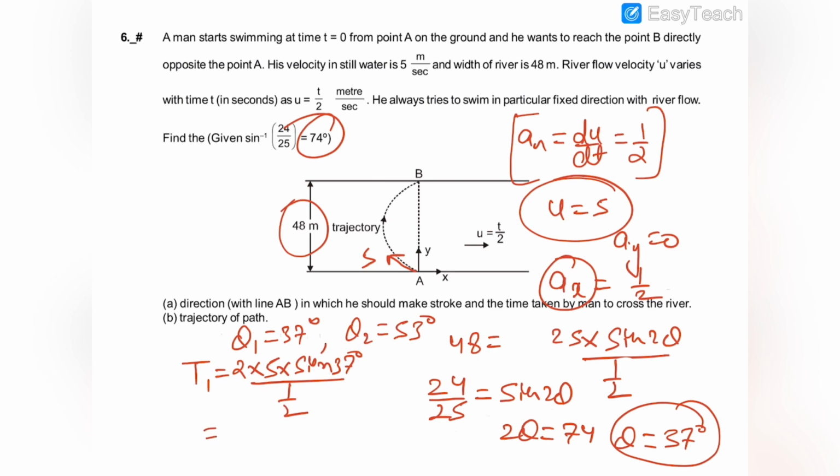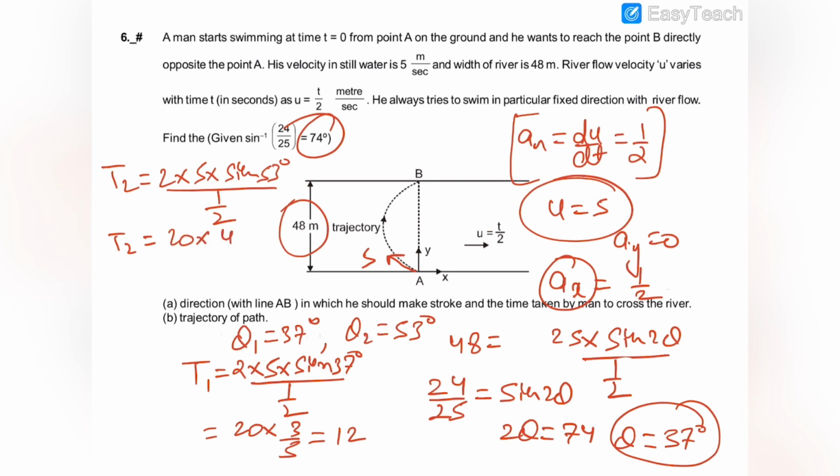So this is 20 into 3 by 5, so it would be 12. The second time t2 will be equal to 2 into 5 into sine 53 divided by a, which is half. So it would be 20 into sine 53, which is 4 by 5, and it is equal to 16. So the two times will be 12 and 16.